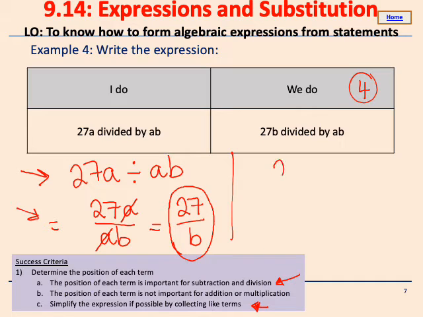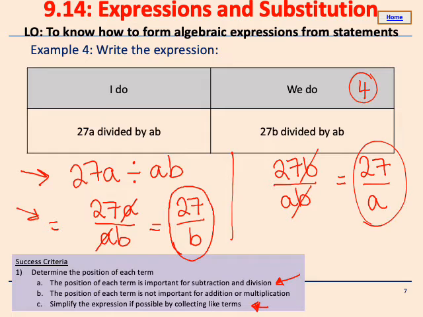Okay, so we get 27b over ab. This time we have a factor on the top of b in both. So our expression simplifies to 27 over a. Give yourselves the mark if you got that right.